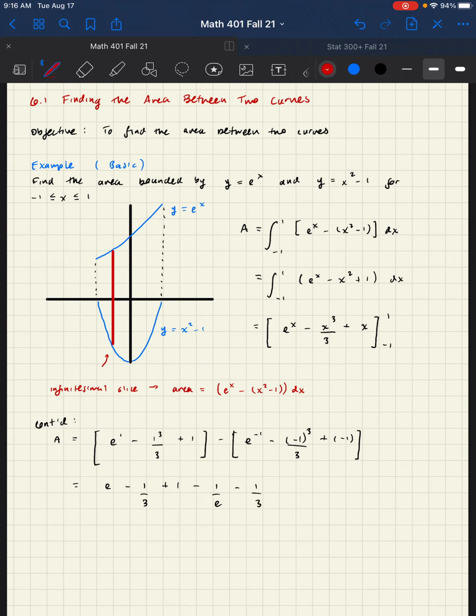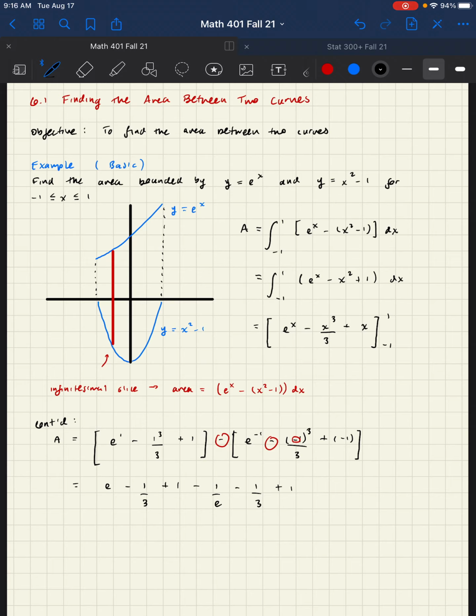minus 1 over 3. Now carefully, there's a minus sign here, a minus sign here, and then this negative sign here. So the 3 preserves the negative sign, which then, if you have an odd number of negative signs, means you have a negative in the end here. And then plus 1, because there's going to be an even number of negatives there. All right, so combine like terms.